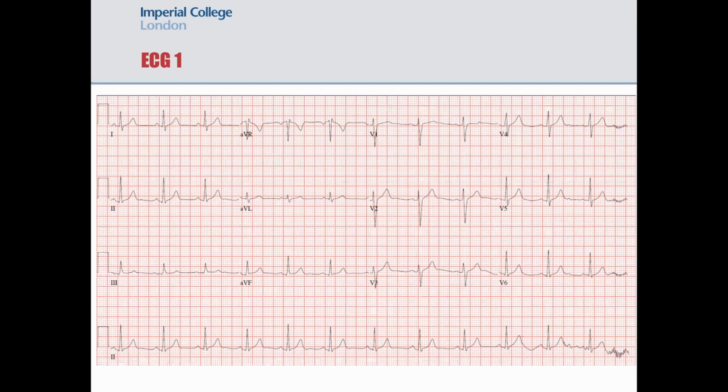Can people just write whether they think this is a normal ECG or not?